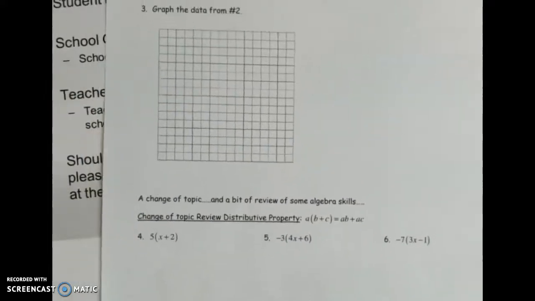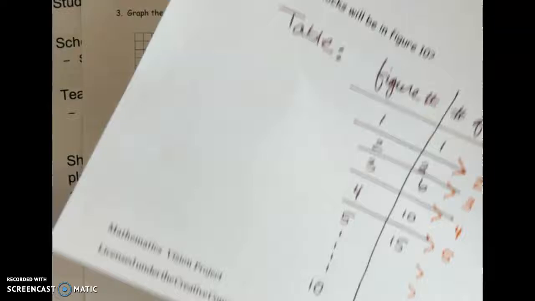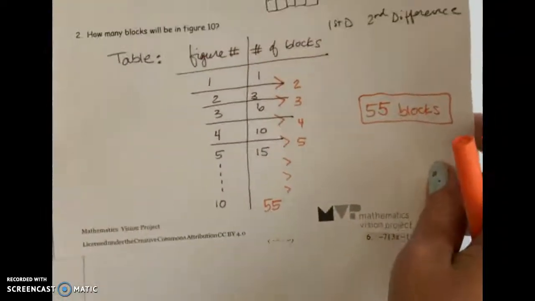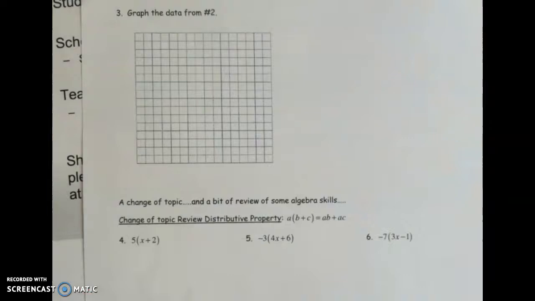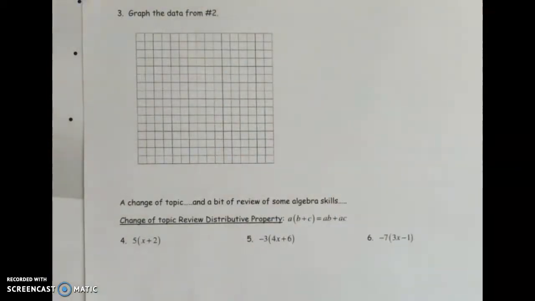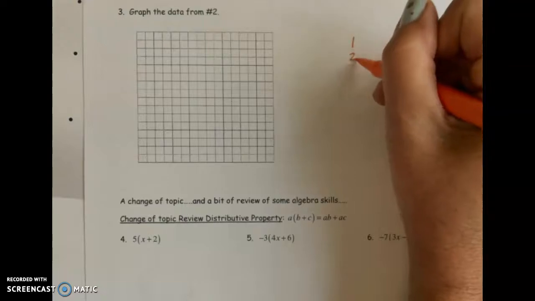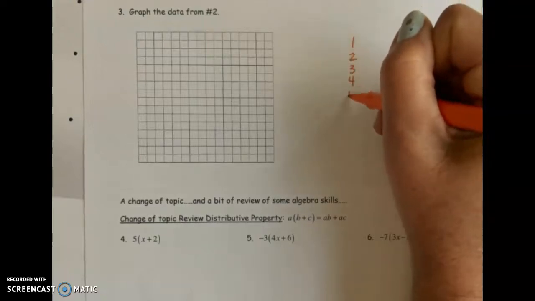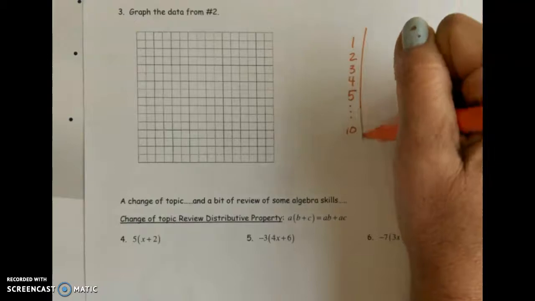Graph the data from number 2. So I have the luxury of just putting that right next to us. But just so I don't make you too dizzy, maybe you could put your paper next to that so that we can graph it. I'm just going to graph that table. I guess I could redraw it here: 1, 2, 3, 4, 5, 10, and the output.